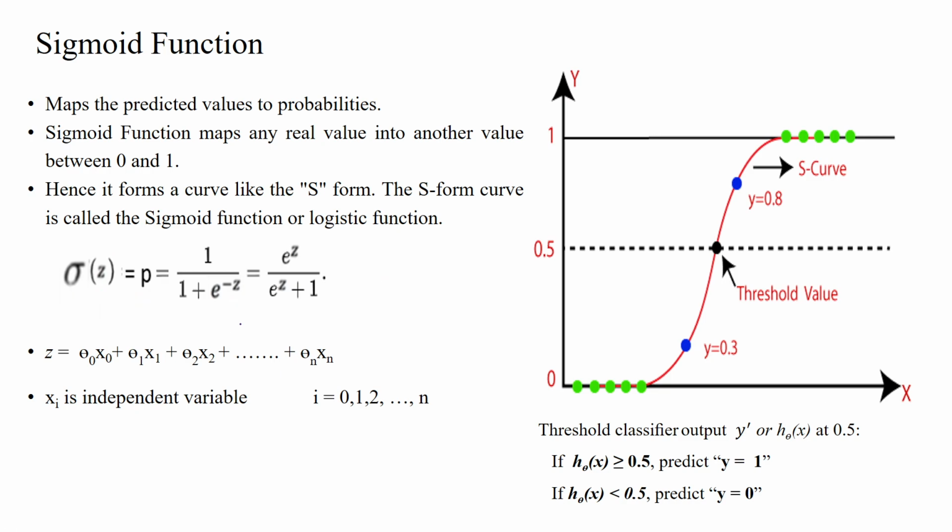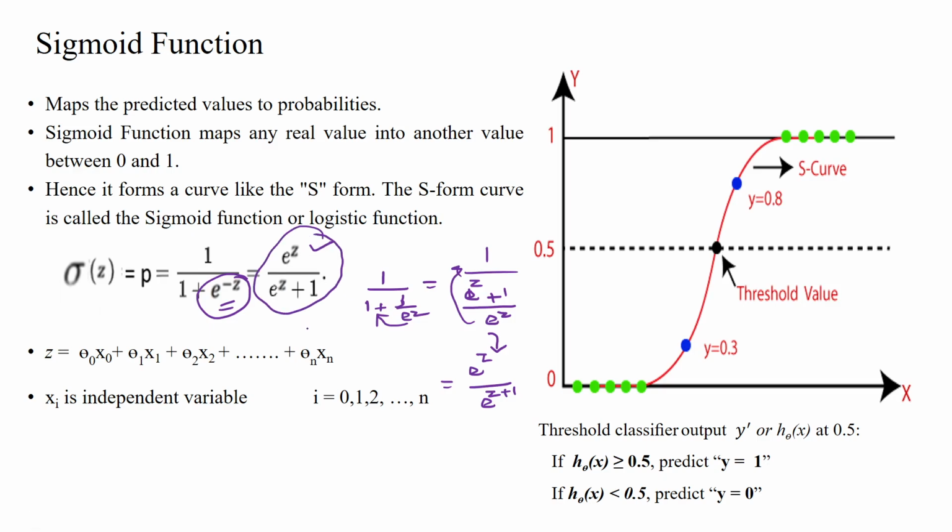This term can be expanded into 1 over 1 plus 1 by e power z. Taking e power g plus 1 divided by e power g, it goes to the numerator, giving e power g divided by e power g plus 1. So this also can be represented as a sigmoid function.